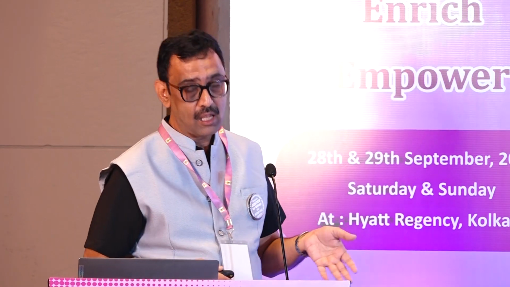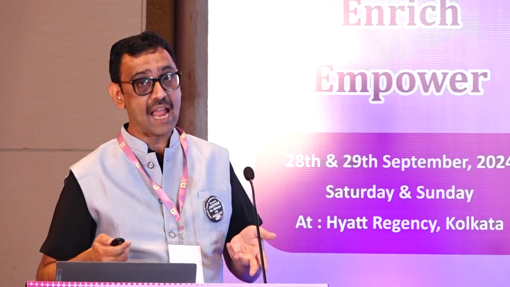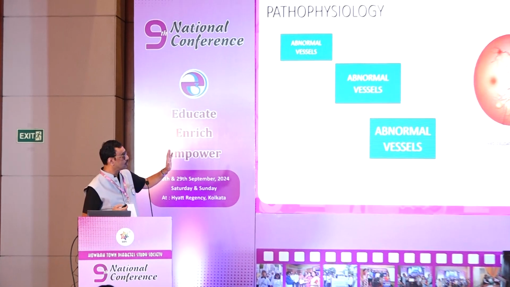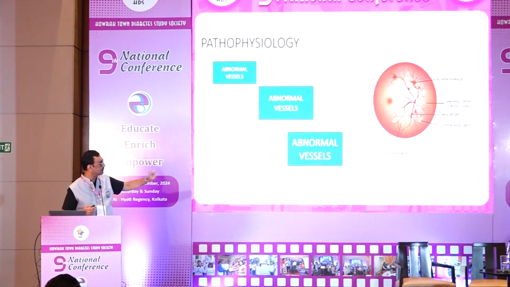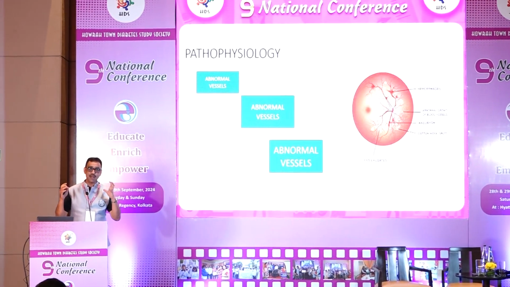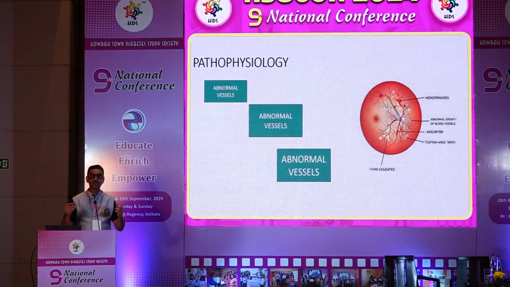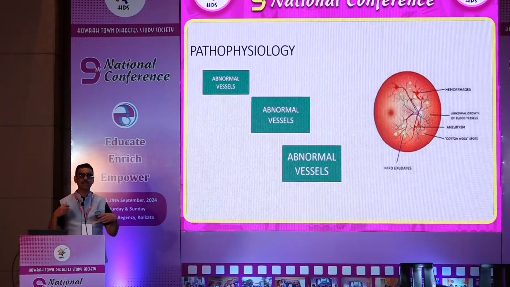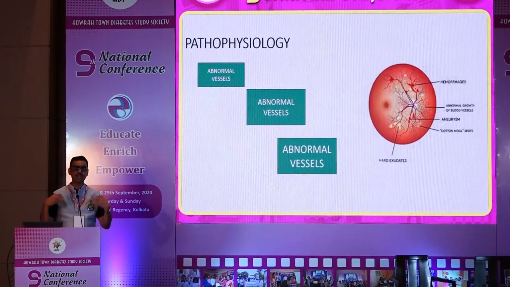Now, the basic pathophysiology of diabetic retinopathy is abnormal vessels. In diabetes, this abnormal vasculature creates all the problems. It might be neovascularization, venous bleeding, hemorrhages, or aneurysms.